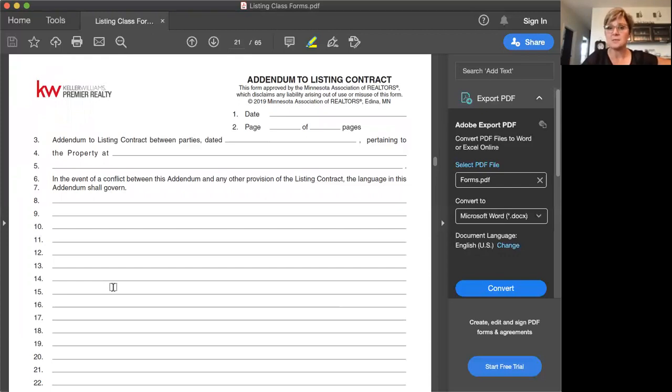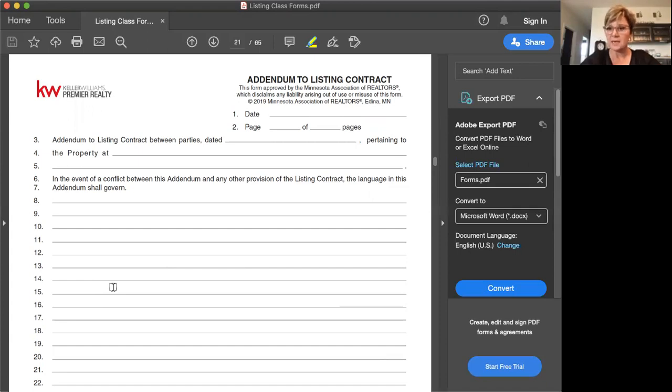An addendum is something that is filled out at the same time you are doing the initial contract. It is added to the contract, and that's why it's referred to as an addendum. Once we fill out the contract and it's completed, if we change anything or add anything later, it's done on an amendment. We are amending the initial contract.